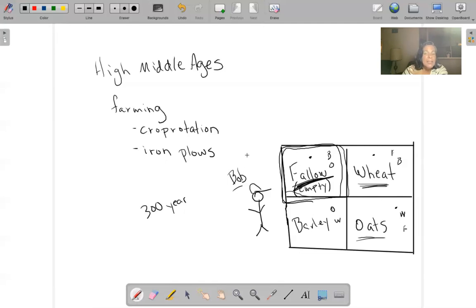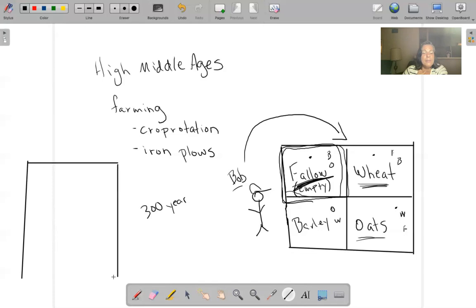And Bob gets three great, strong, healthy crops year after year, instead of what he had been doing before, which was only growing one thing year after year, and eventually it just wouldn't grow anymore.